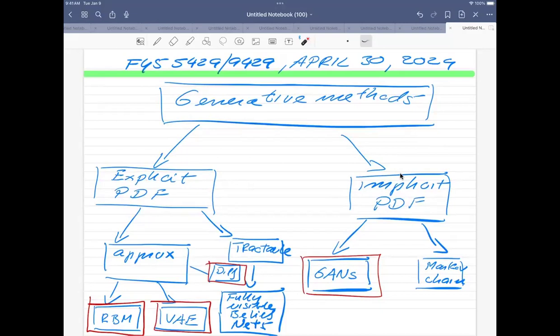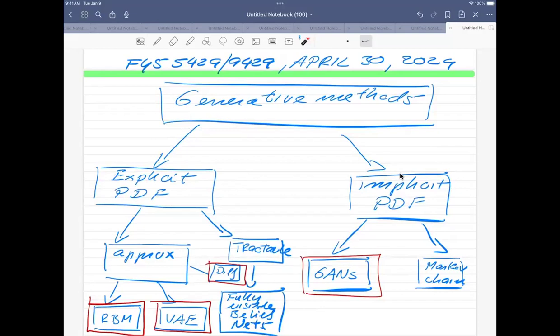So generative adversarial methods are extremely flexible and widely popular. We are going to end our discussion of generative models with a discussion of diffusion models next week.